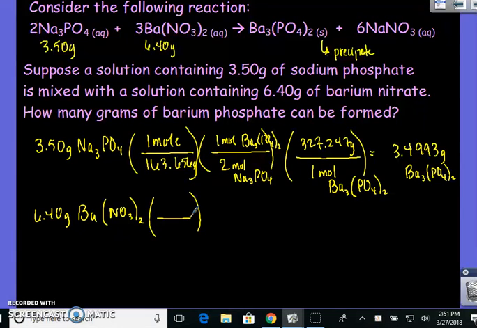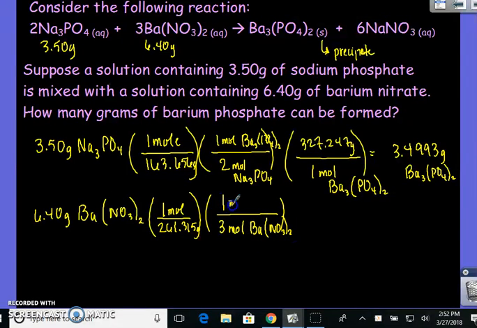And then I have 2 nitrogens, and then I have 6 oxygens, because remember that 2 has to be distributed to everything. So I get a mass of like 261.315 grams in 1 mole. Okay, so again, the next step is I go to the balanced equation. So for every 3 moles of barium nitrate, I have 1 mole of barium phosphate.